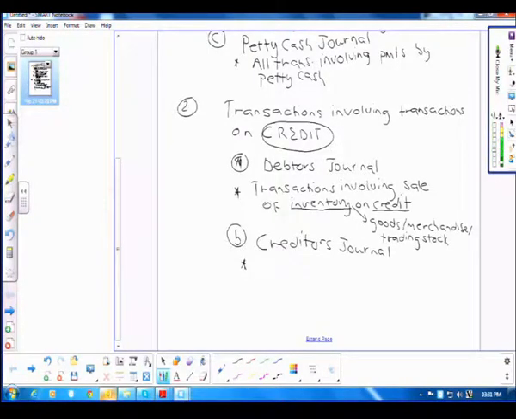Here we're talking about transactions involving the purchase of goods or services on credit.